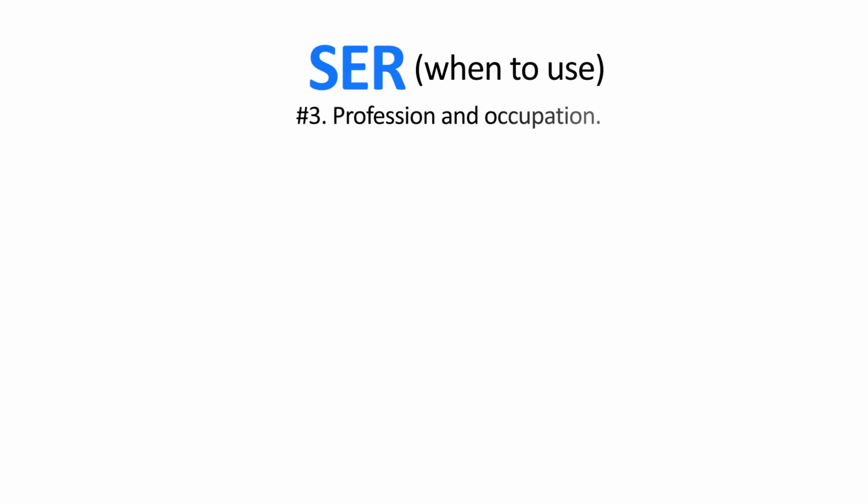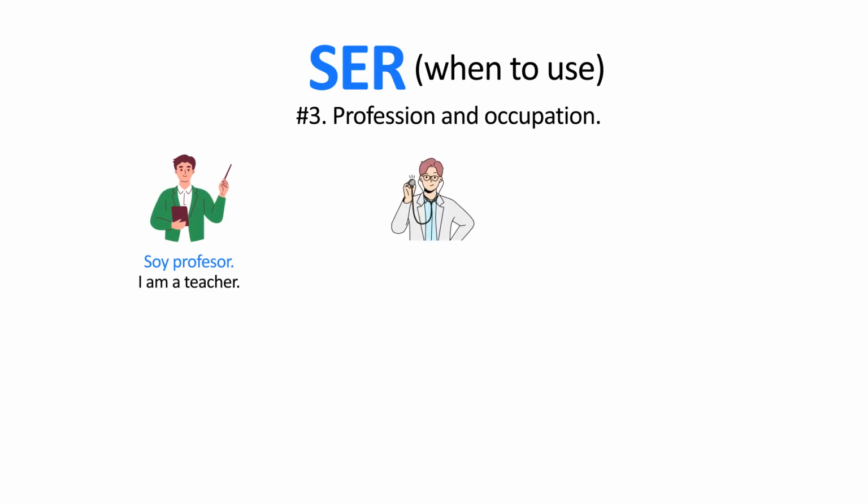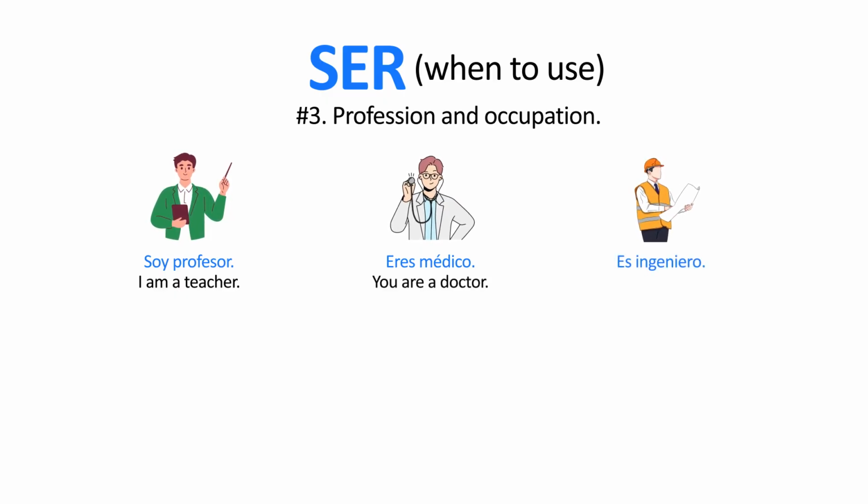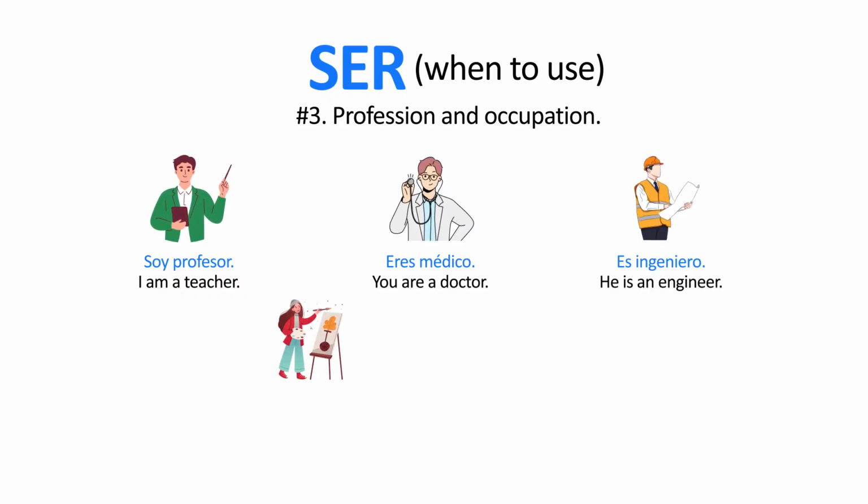Third category, profession and occupation, what someone does as their work or role. Soy profesor, pronounced profesor. I am a teacher. Eres médico, pronounced médico. You are a doctor. Es ingeniero, pronounced ingeniero. He is an engineer.